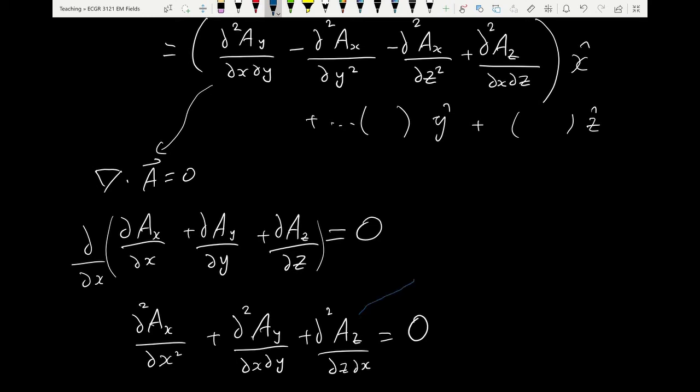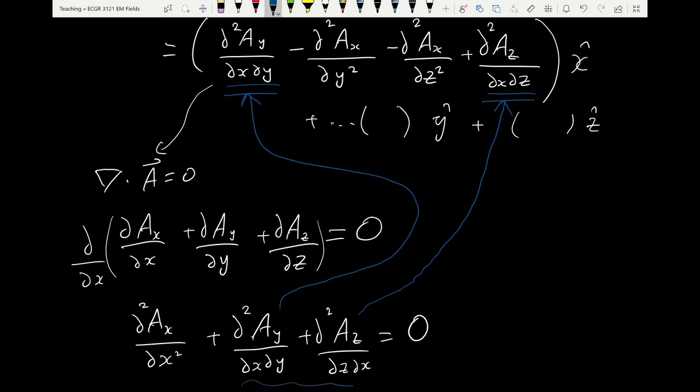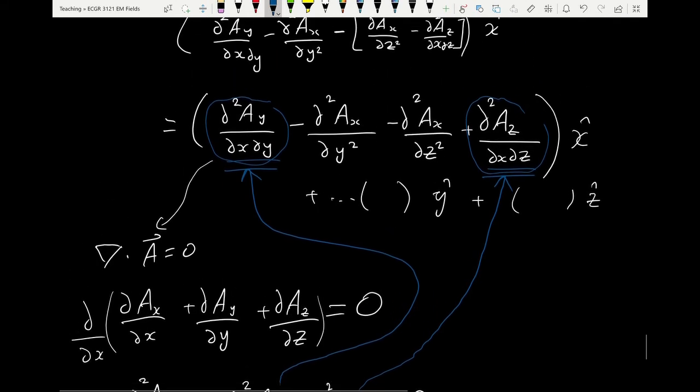This term, and then this term, right? So those two terms are just equal to minus ∂²Ax/∂x². So instead of those two terms, I can substitute from the equation that I get from the divergence of A being 0, minus ∂²Ax/∂x².